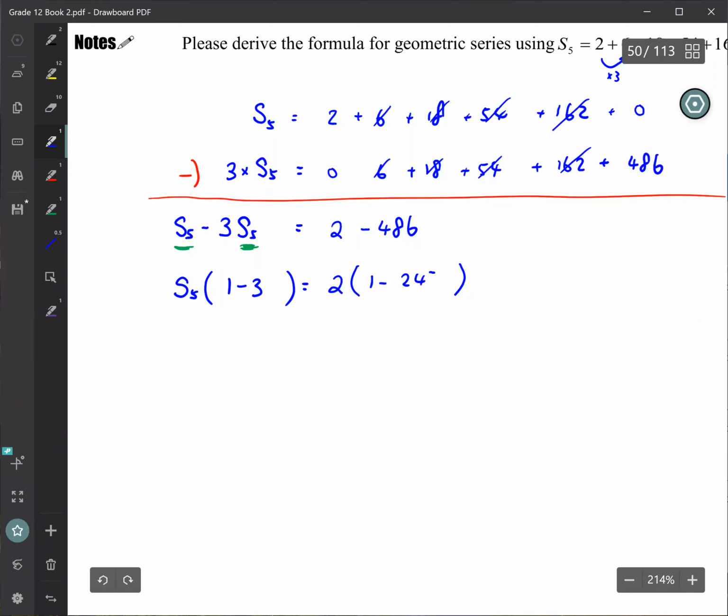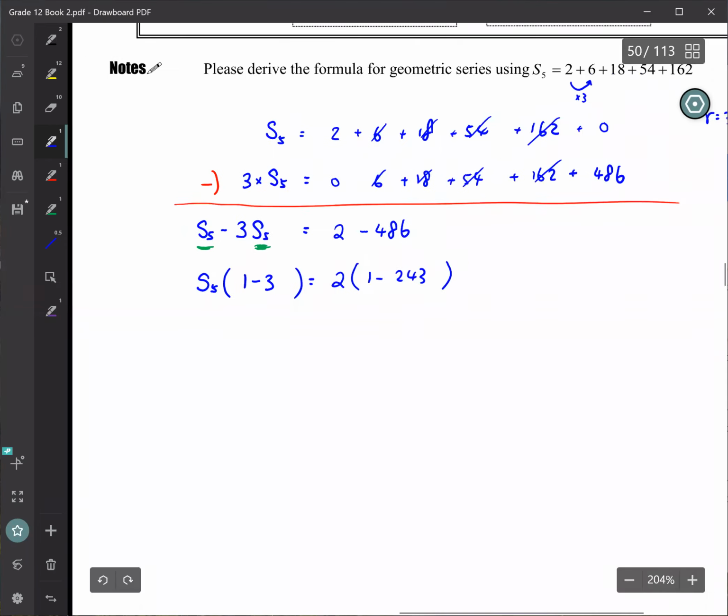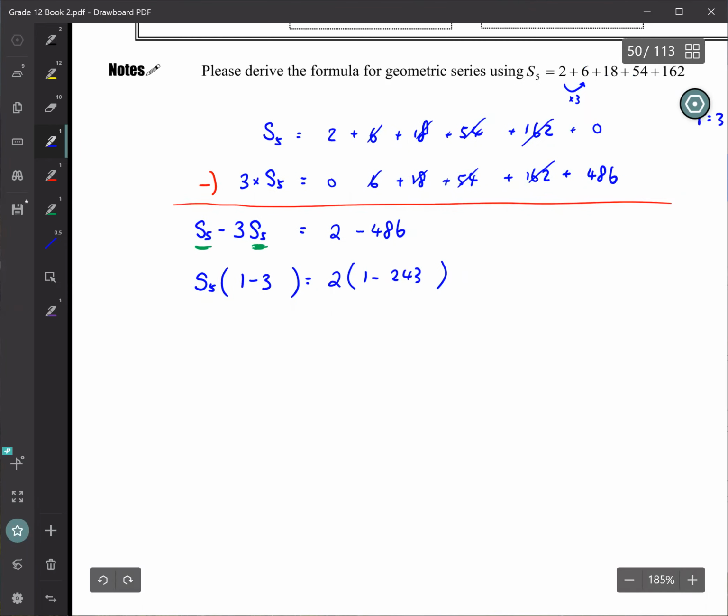Yep, very good. Okay, so each one of them divide by the 2 that you take out. Okay, all right. So our goal is to try to find S5. So I'm going to divide the 1 minus 3 to the other side. Okay, isolate S5. So we have 2, 1 minus 243 over 1 minus 3.